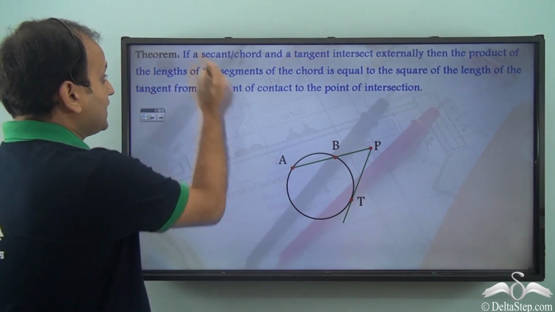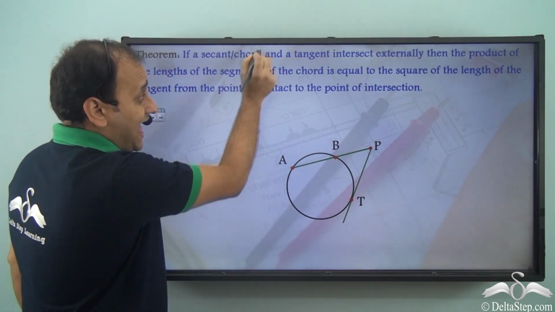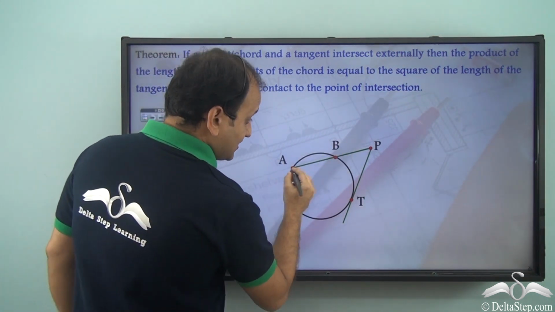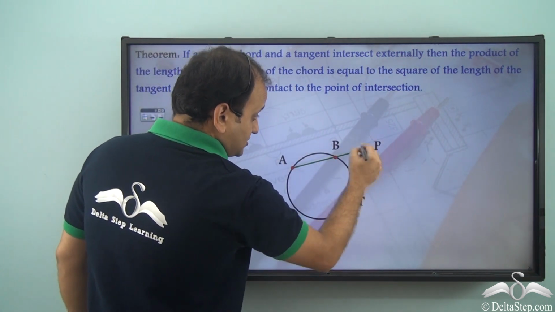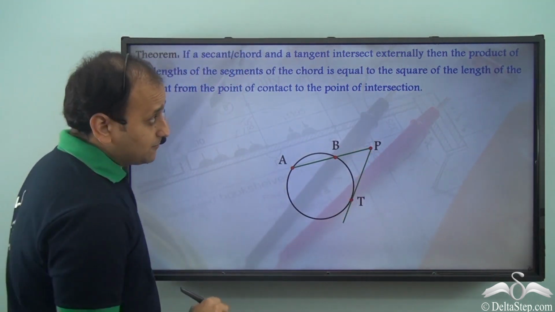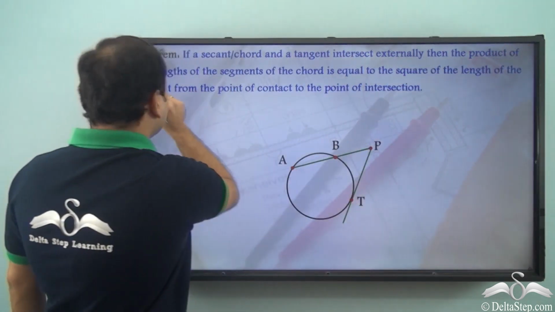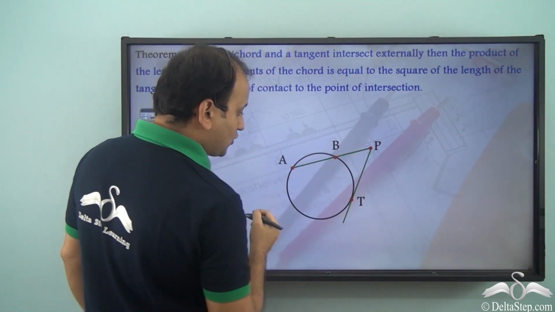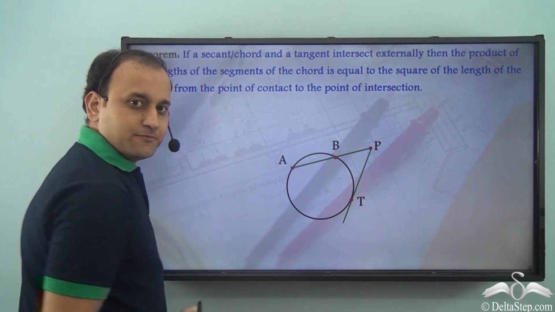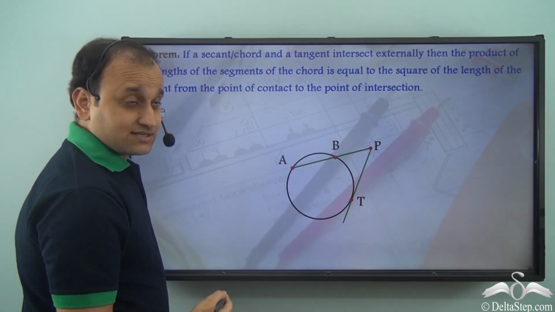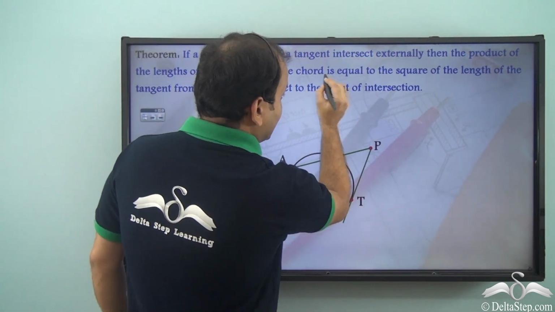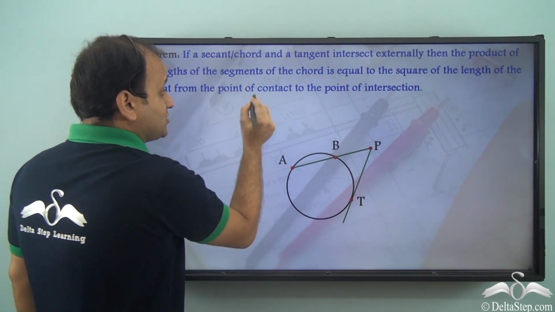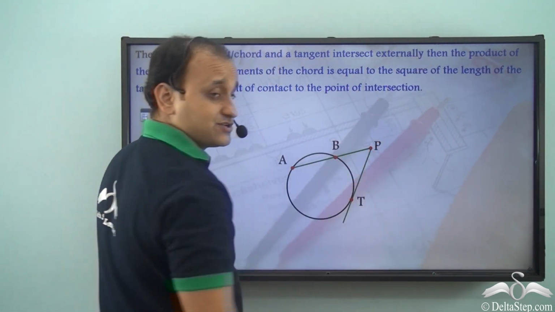Well, it states if a secant or chord and tangent intersect externally, as you can see in this case, this secant and this tangent intersect externally at P, then the product of the lengths of the segments of the chord, that is PA and PB, these are the two lengths, their product is equal to the square of the length of the tangent from the point of contact to the point of intersection.